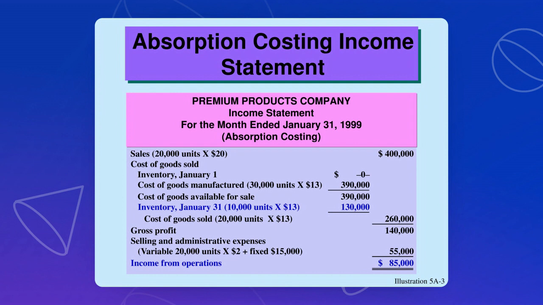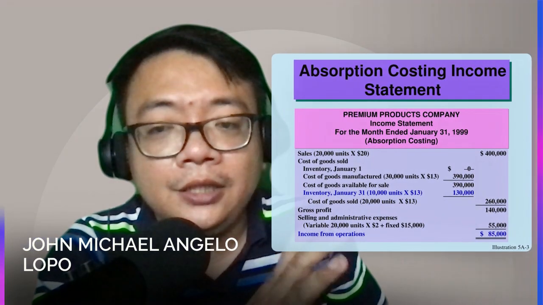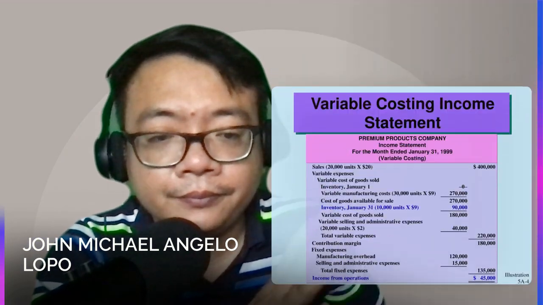Alright. How about your selling and admin expense? So, the variable cost is 20,000 times 2 because 20,000 is your sold, plus fixed cost of 15. How much would be your income from operations under absorption costing? You have 85,000. We'll check dapat ang difference is 40,000. We will check if tama.